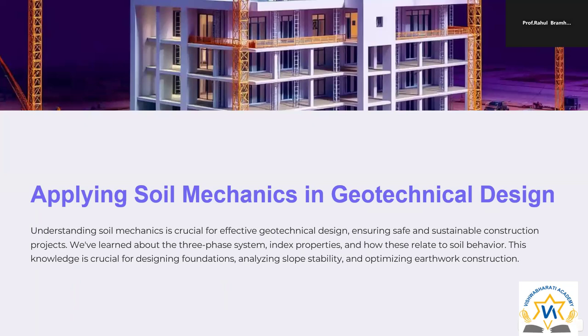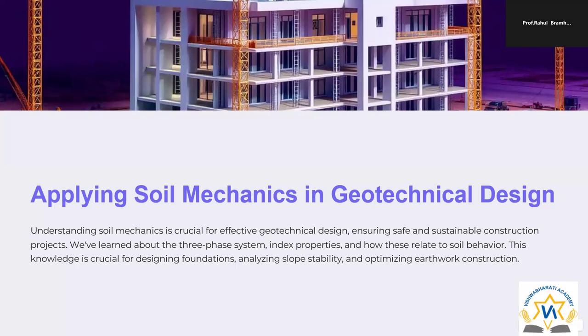In this series, we also learned about the three-phase system and index properties to find grain size and its distribution, and how to relate them to soil behavior. This knowledge is very important for designing foundations, analyzing slope stability, and optimizing earthwork construction.